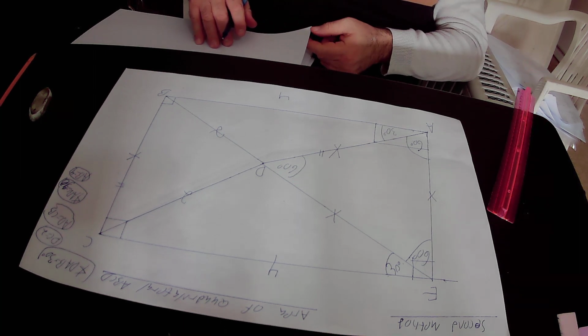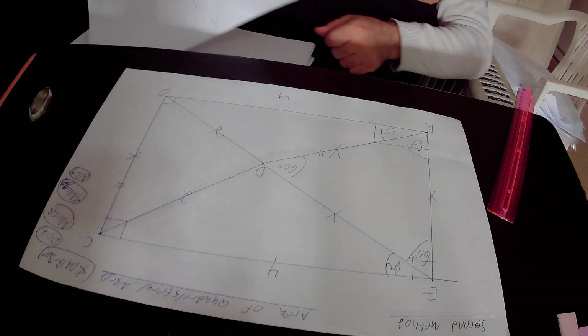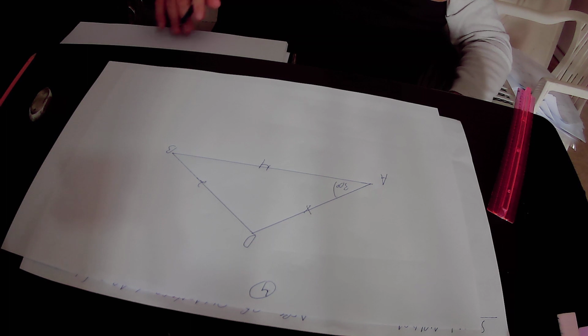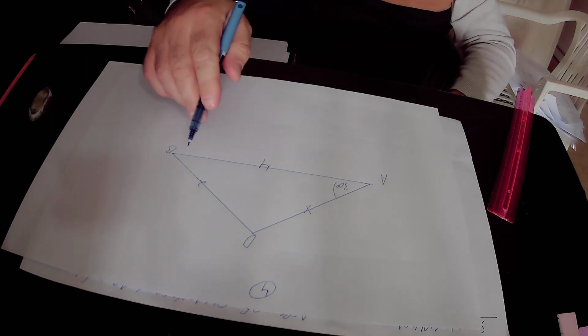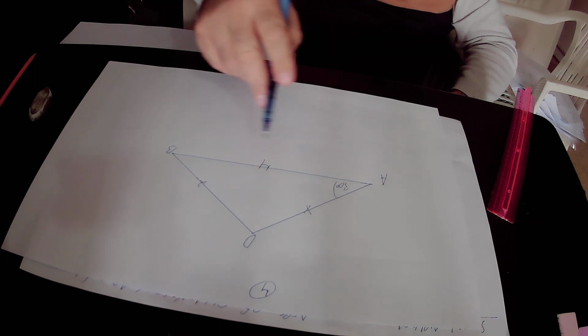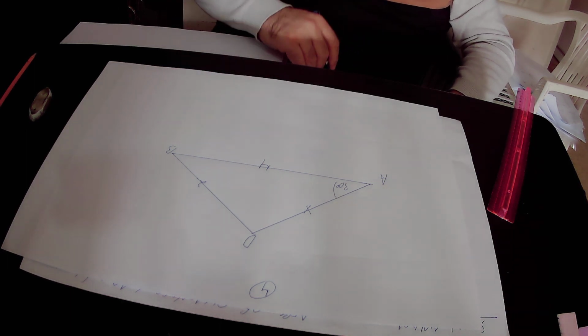So actually this is triangle ADB. AB equals 4 units, DB equals 2 units, and AD equals X. And angle DAB equals 30 degrees.